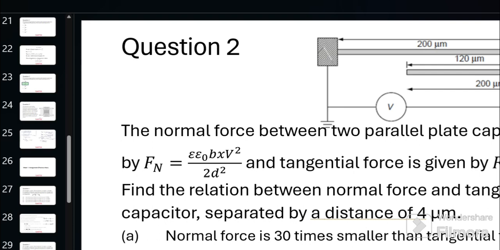Normal force is given by this equation, and the tangential force is given by this equation. Find the relation between normal force and tangential force in the capacitor separated by a distance of 4 micrometers. So very simple question.